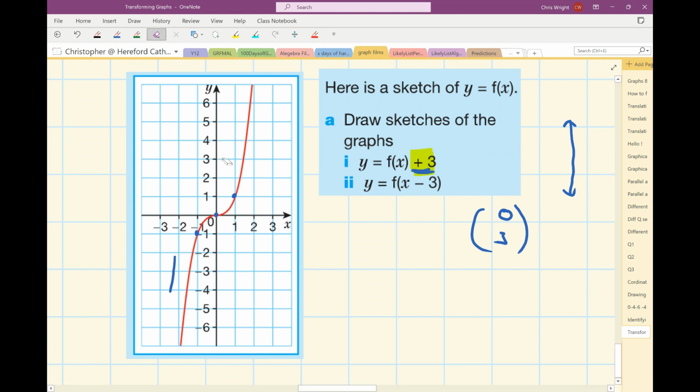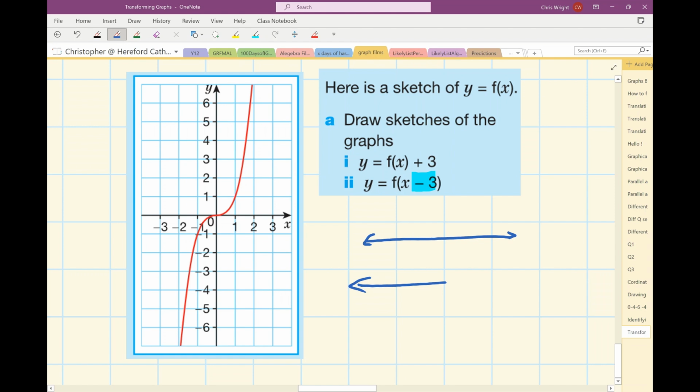Now let's have a look at part 2. In part 2, the change is inside the bracket. It's going to be a change in the x direction, but it's going to be a change in the direction we don't expect. It's not going to go 3 in the negative direction. It's going to go 3 in the positive direction.